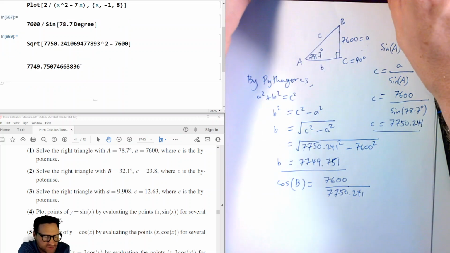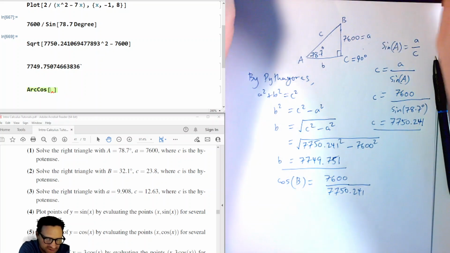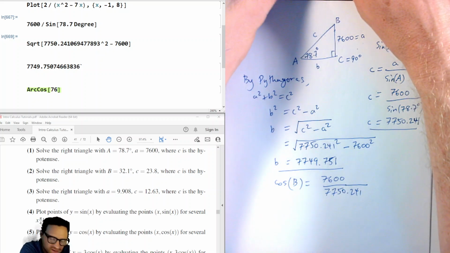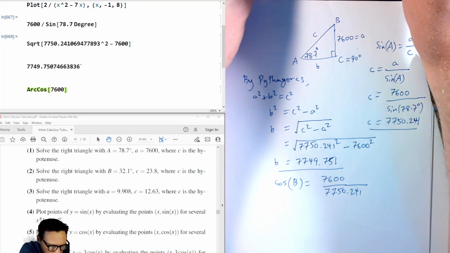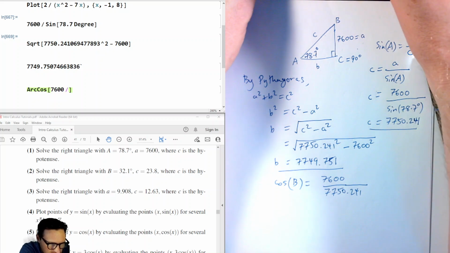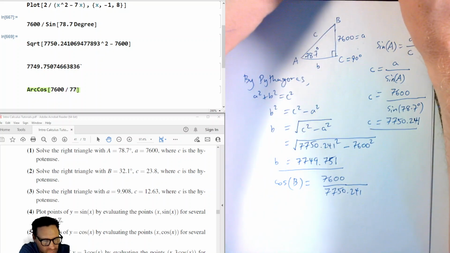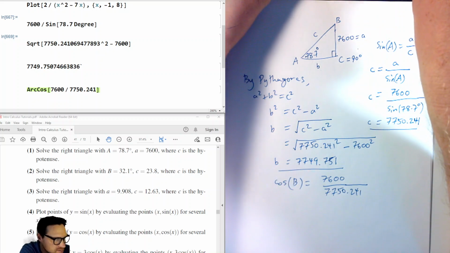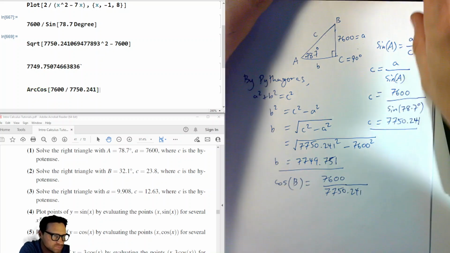So I will write arc cos, but if you're doing this on your calculator, then you will use the, I think it's a shift button, yeah, it's probably the shift button to calculate cos superscript -1. But it's also known as arc cos. Okay, so I'm taking arc cos of this ratio.